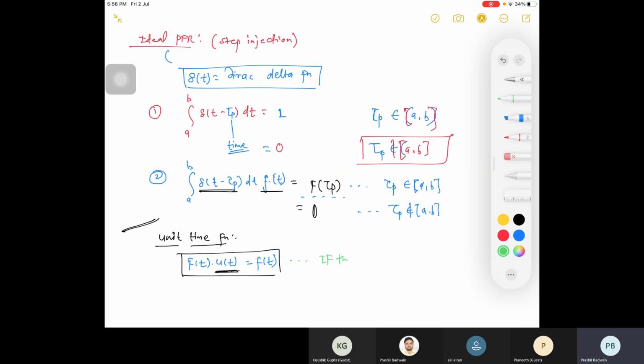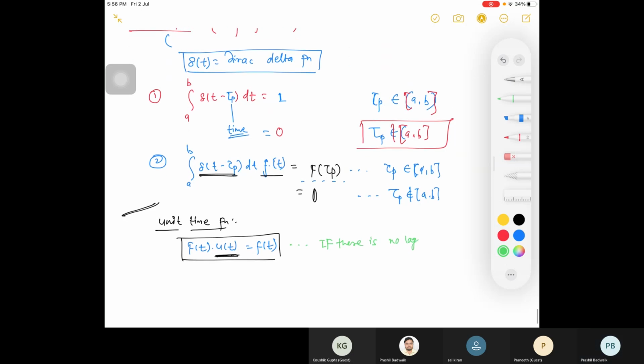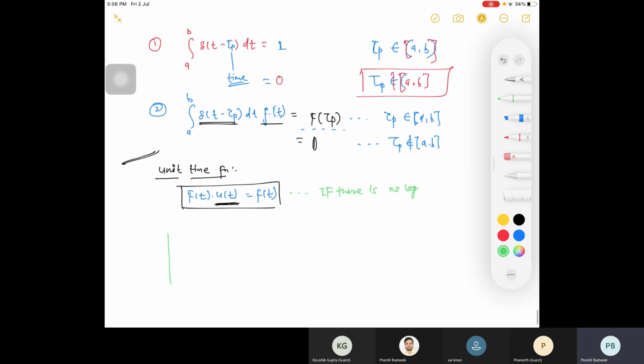If there is no lag, you are going with respect to your time. Suppose this is your input at time t equal to 0, you are given one input and you are getting the same curve at t equal to tau p.